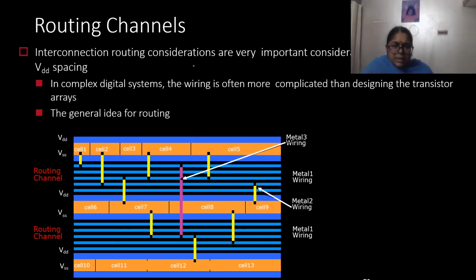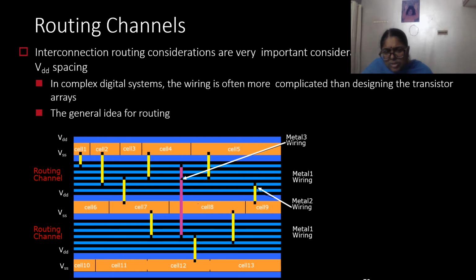Interconnection routing considerations are very important for VSS VDD spacing. In complex digital systems, wiring is often more complicated than the design of the transistor arrays. So basically you can see here that you have divided the whole circuitry into layers. For every row of cells, above that you have VDD and below you have VSS.